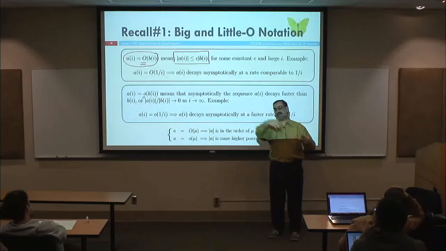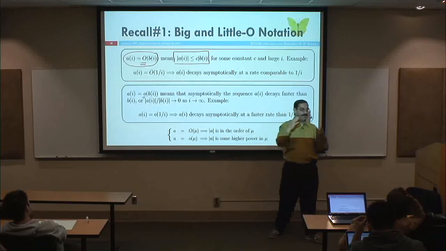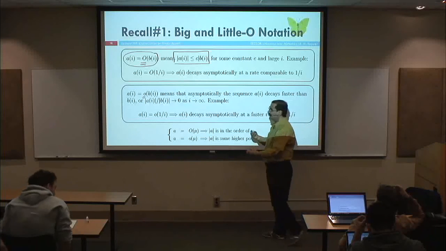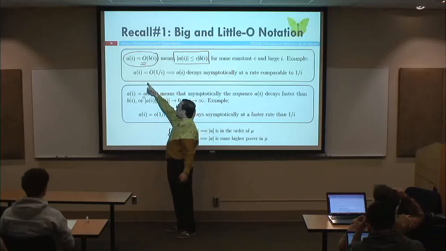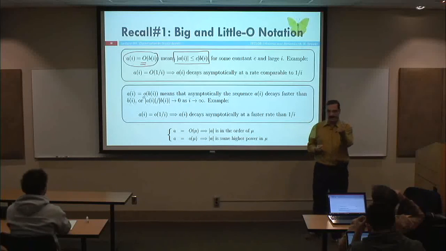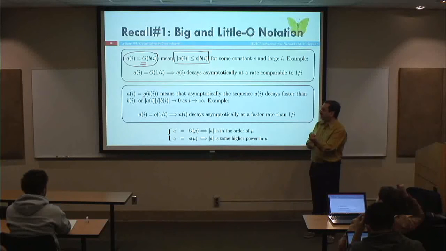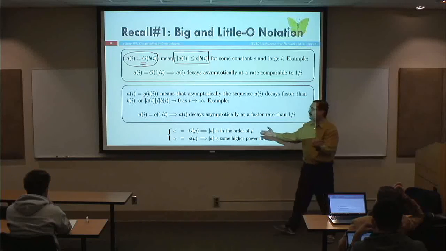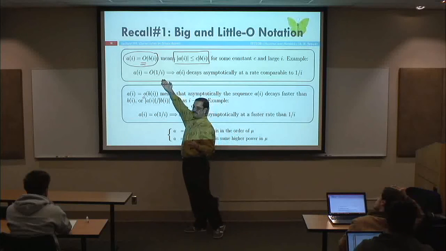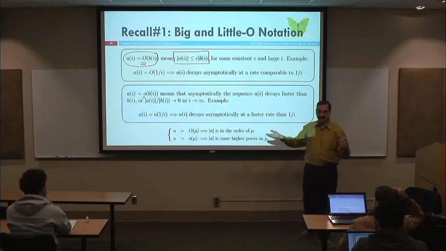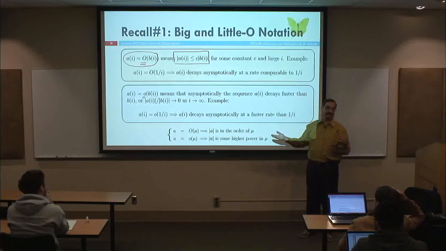Of course, one can be 1,000 times the other. But if B scales, A will scale similarly. So for example, when I write A of I is of the order of 1 over I, you are saying that the samples of the sequence A of I behave like 1 over I. So they are converging at a rate that's comparable to 1 over I. Because 1 over I is going down to 0, the samples of A of I will be up to some constant of that same order, so they will also be going down to 0 at that rate.